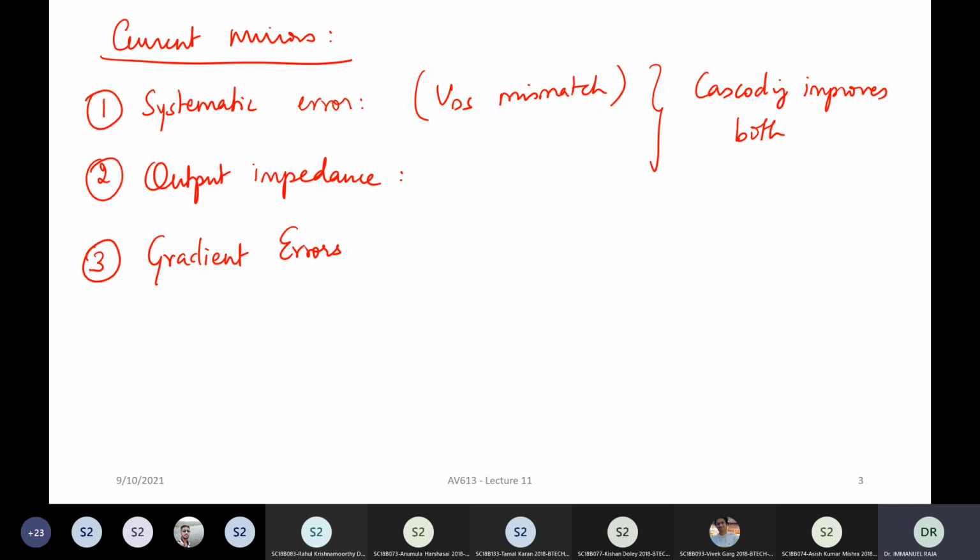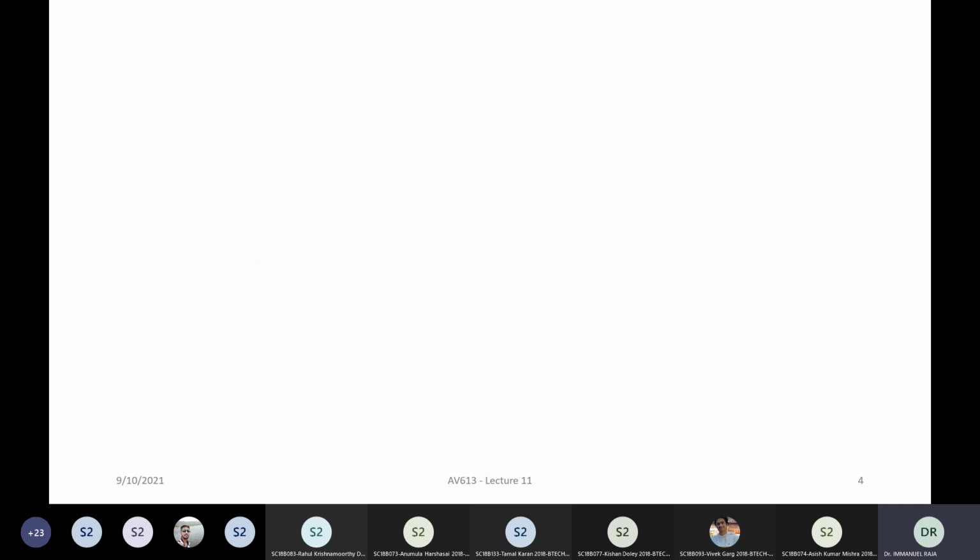Many times not only students, but even many engineers get confused between these different sources of error. Now, what do we mean by gradient error?